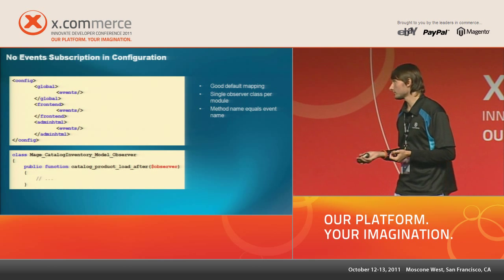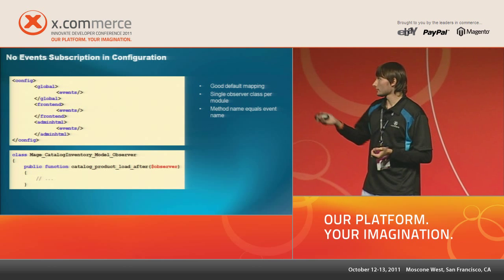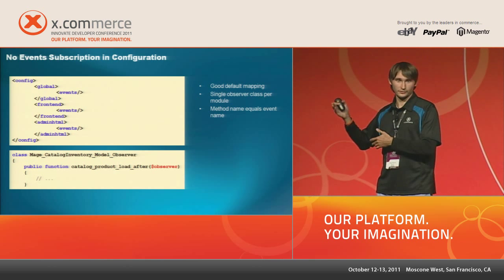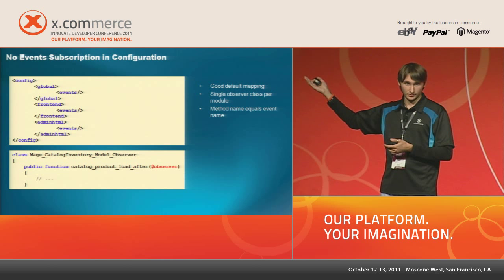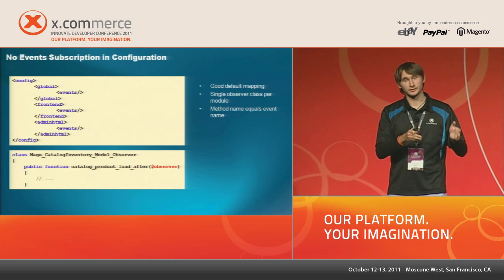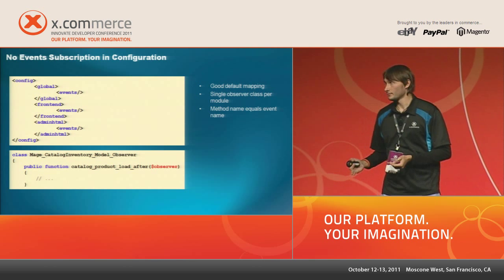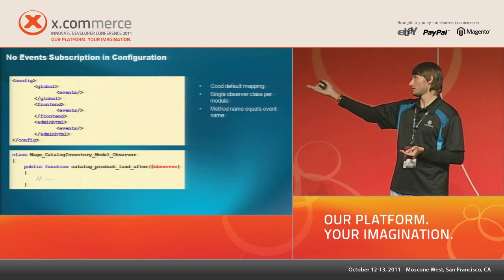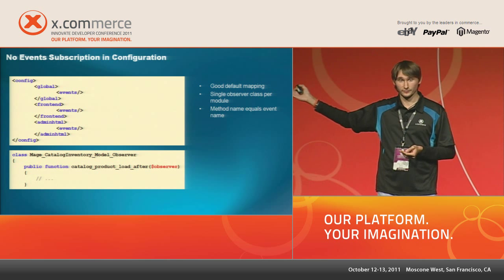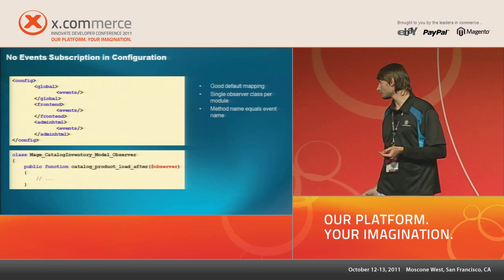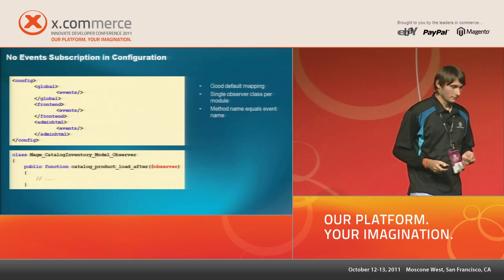So in this case, you don't have to declare this mapping in the configuration. So how to resolve this event name to handler name? You can simply get this information from the PHP source code.